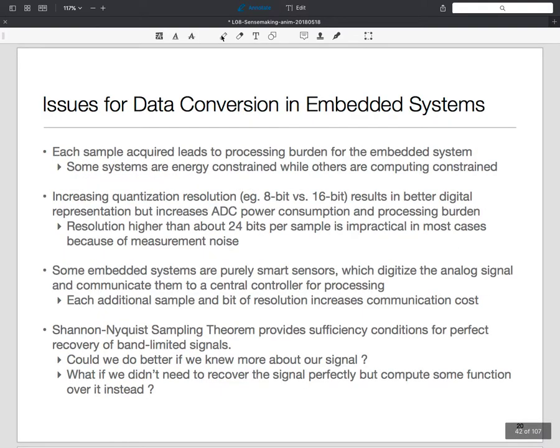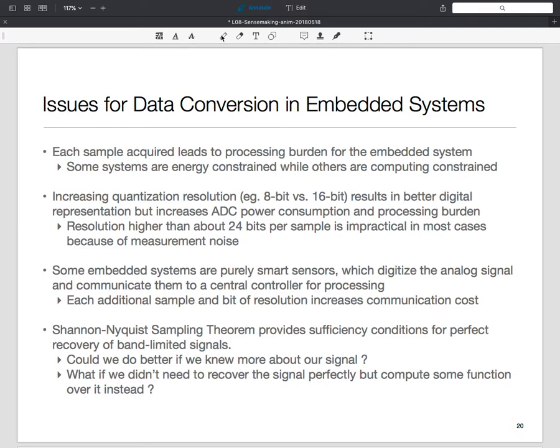In embedded systems specifically, the challenge is that these things are energy constrained, and an A to D conversion can be significantly power hungry, so one has to be considerably smart about it. While it may sound like I'm just going from 8 bits to 16 bits, that's a very costly proposition.